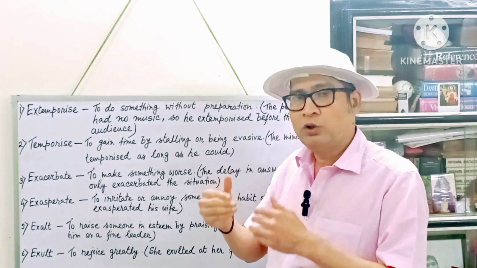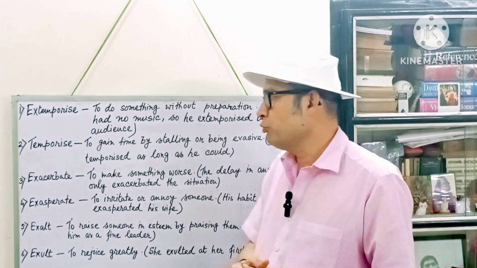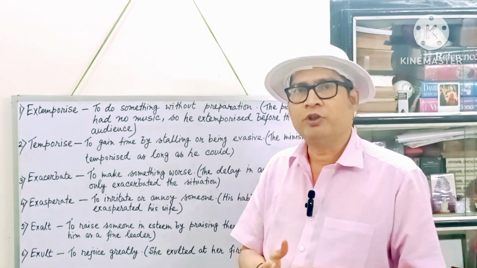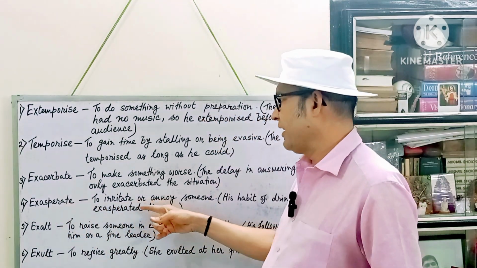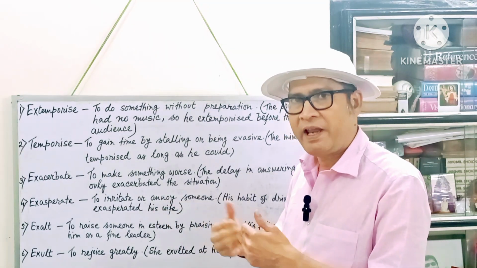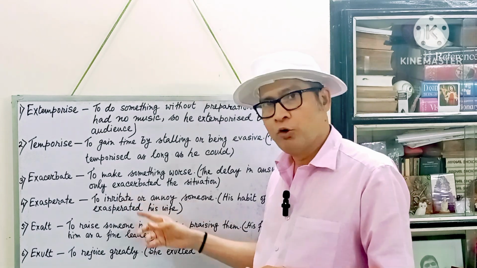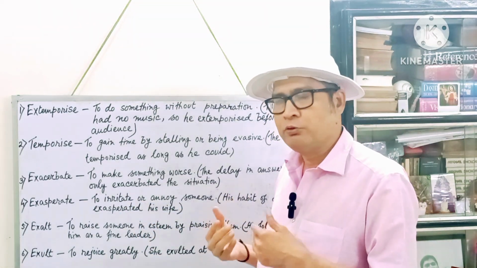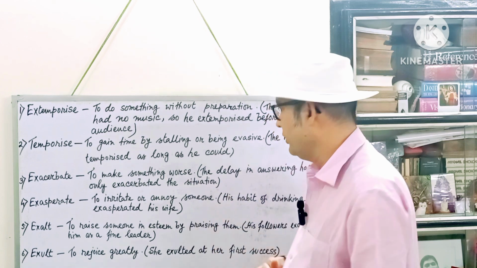You have to know the proper application of these words. Otherwise, it will be useless for you to add these words to your vocabulary. Annoy means to make angry. If you make somebody angry, you annoy that person. And irritate, you know very well, to irritate somebody, to perturb somebody, to disturb somebody.